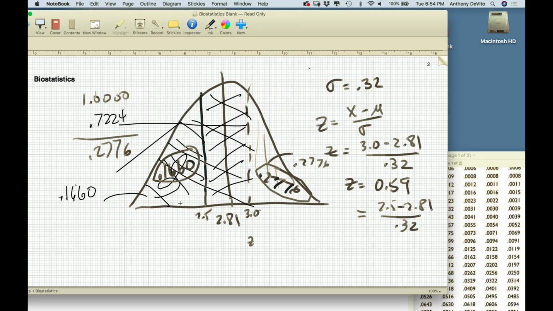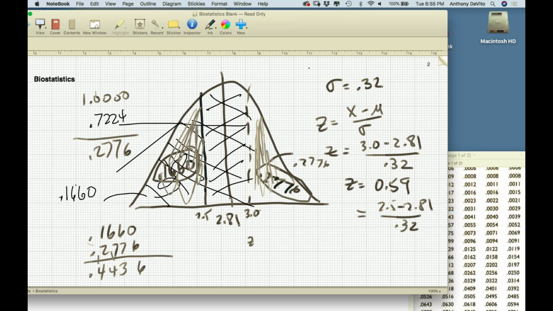And since we know that this one is 0.1660, and this area above is 0.2776, if I add those together, they represent about 44% of the distribution, right? 0.4436.